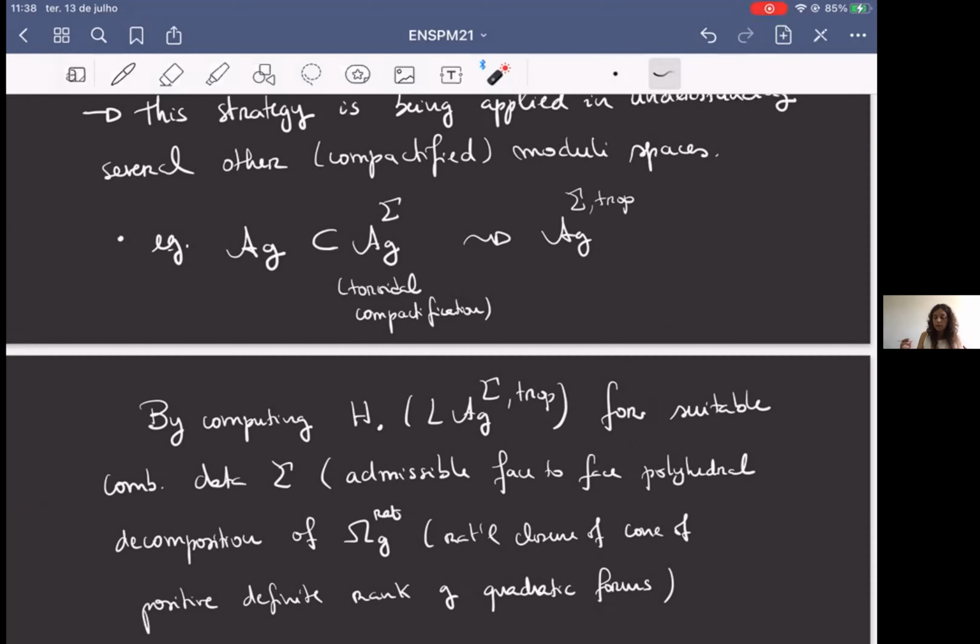The good part is that sometimes you have nice decompositions, but the properties of your compactification are not very good.